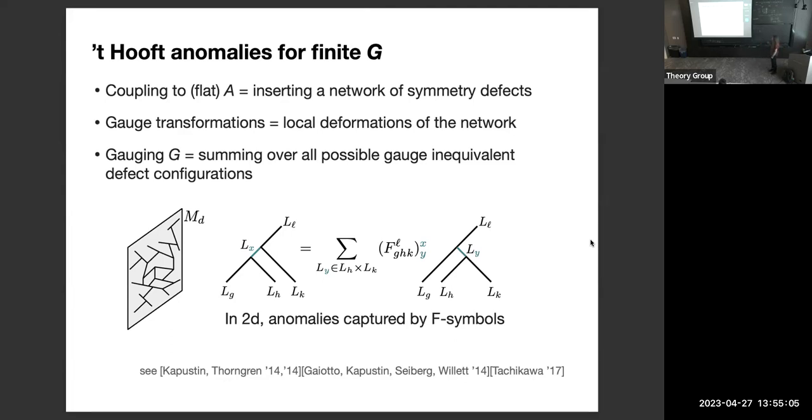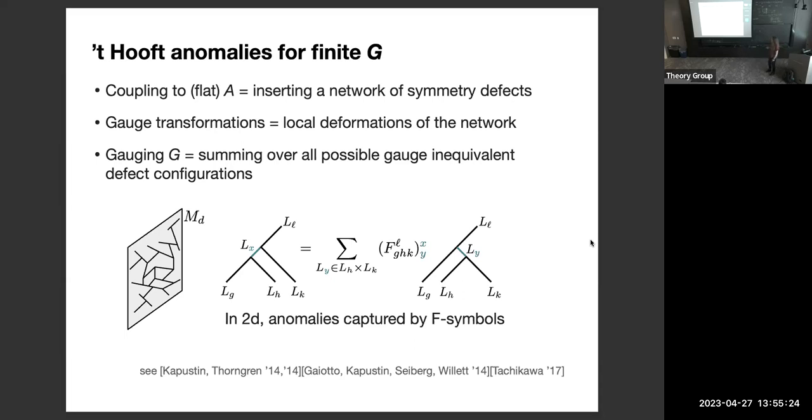My global symmetry is this collection of defects, and coupling to the background gauge field is inserting a network of these defects. And then gauge transformations are changes of basis of this network. They're local deformations of this network of defects.